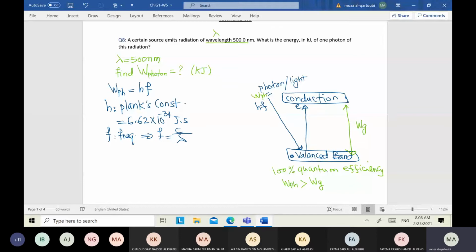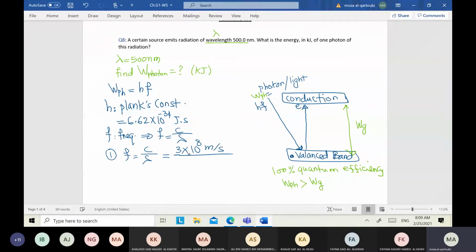Lambda is now given, the wavelength. So step number 1 to find the photon energy: because H is given, we should find F first. So F equals C over lambda. C, velocity of light, is a constant, 3 times 10 power 8 meter per second.